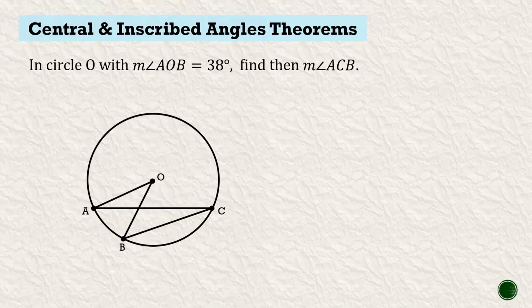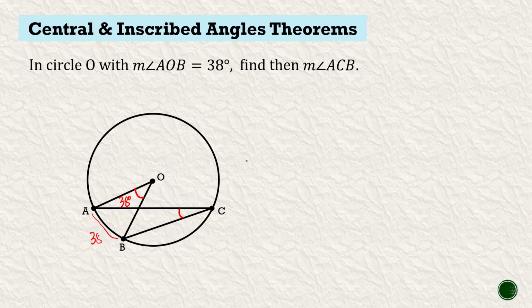Alright, so let's apply that to solve the following problems. Problem number one. In a circle O, the measurement of angle AOB, which as you can see is a central angle, is 38 degrees. Find the measurement of angle ACB. ACB is right here, and obviously this is an inscribed angle. All we need to do is find the measurement of arc AB first. Since the central angle is 38 degrees, that means AB is also 38 degrees.